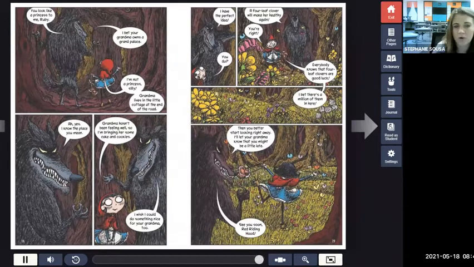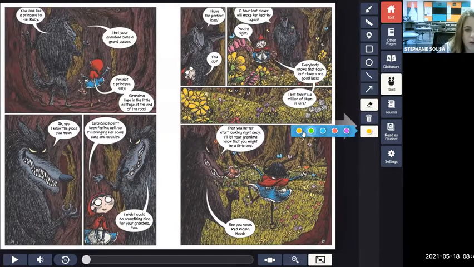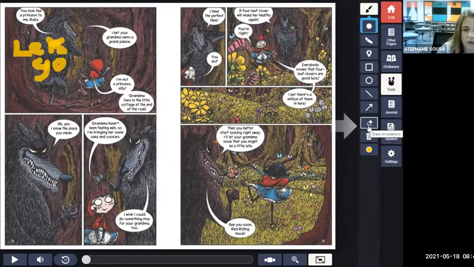All right, that wolf is a trickster. Something else I want to point out about our dialogue. Look how many words are on this page. There are a lot, okay? Notice the wolf didn't just say, let's go, because the audience is going to say, go where? So they're being very specific with their language, okay?